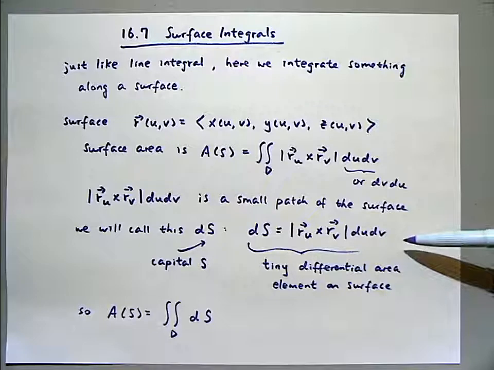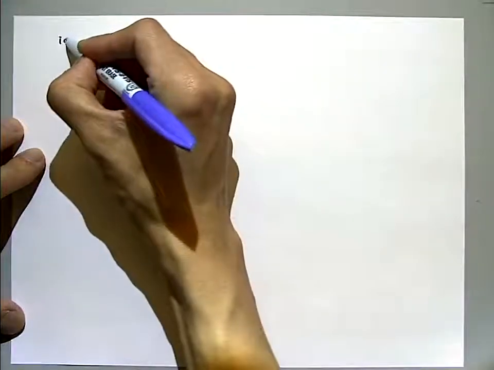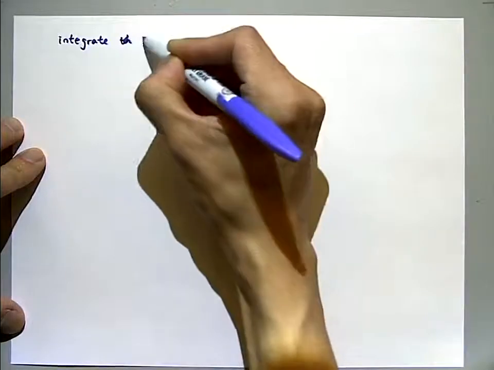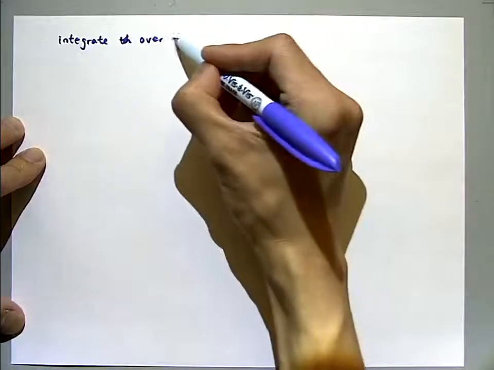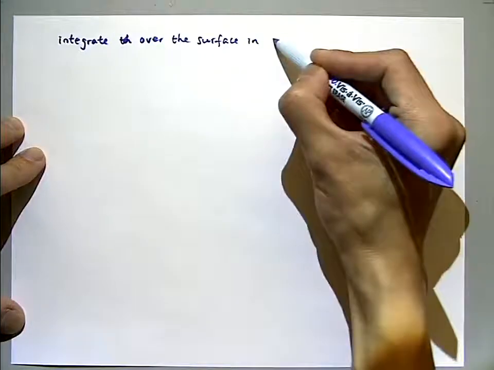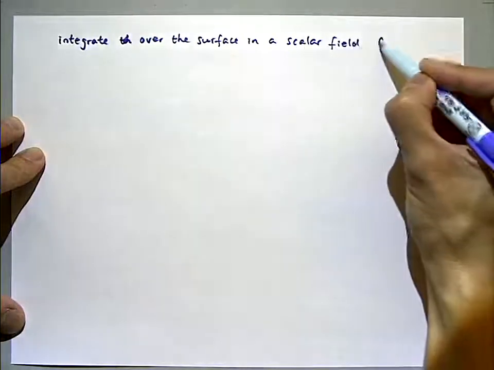Okay, so with this definition here, now we can integrate something along the surface. So we integrate over the surface a scalar field f of x, y, z.